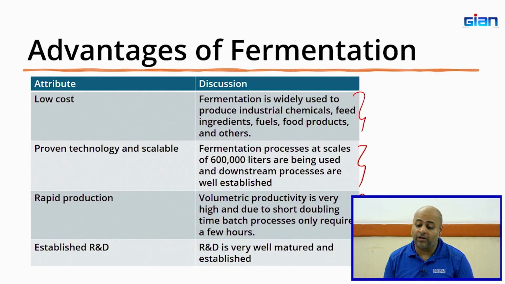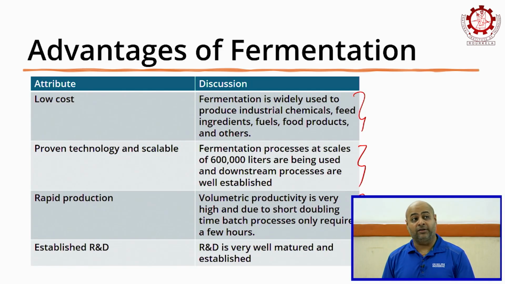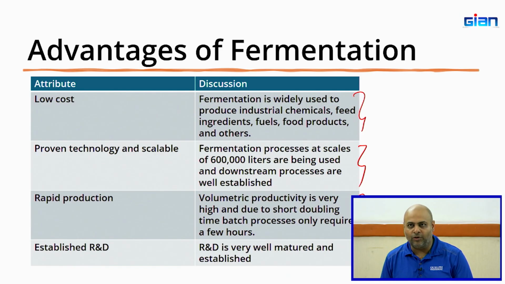The low cost part I am talking about: fermentation is widely used to produce industrial chemicals, feed ingredients, fuels, food products, and others. If there is a technology that is used by multiple industries, and I'm developing a product that I can sell to multiple consumers, will I increase the price or reduce the price? I have so many buyers, right? Because it is widely used, you have multiple players available in the market to make the technology for you.